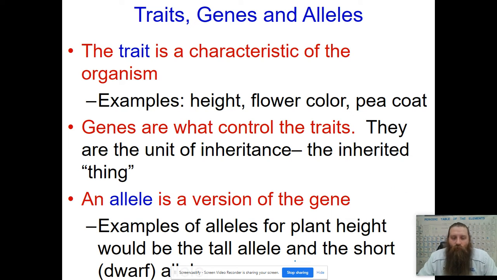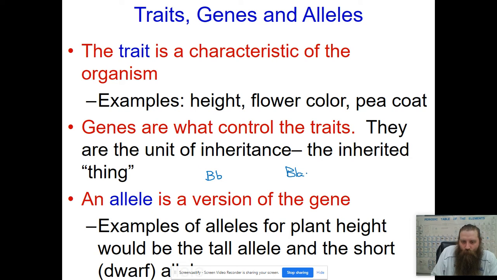Those alleles describe traits, and the trait is just the characteristic of the organism, right? So height or color or the pea coat, wrinkled or smooth, whatever it is. You can come up with a letter abbreviation for any trait. Let's say we're talking about mice. We're saying that they have black fur, or white fur is recessive.